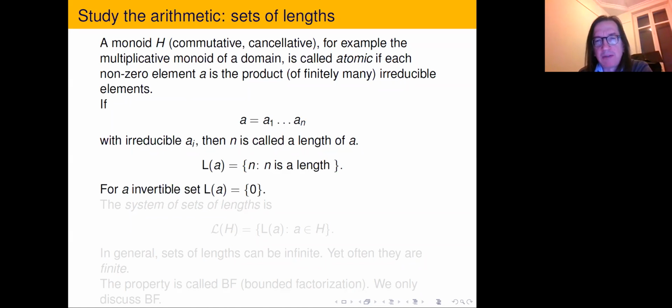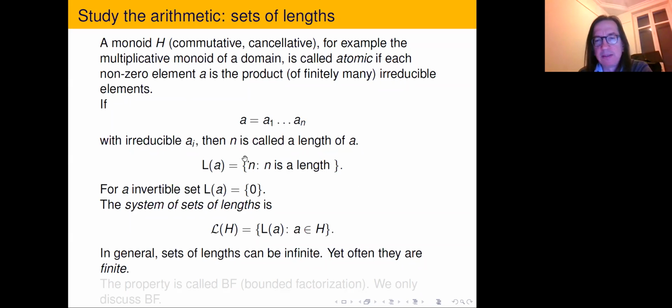And in general, for arbitrary monoids, contrary to the situation for integers, that's not unique, and so one can consider an entire set of lengths attached to this element. And then the system of sets of lengths is just the collection of all these sets.